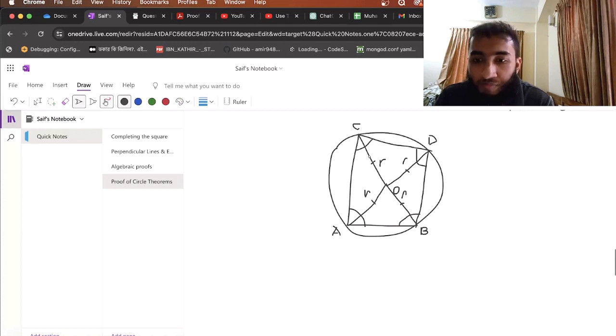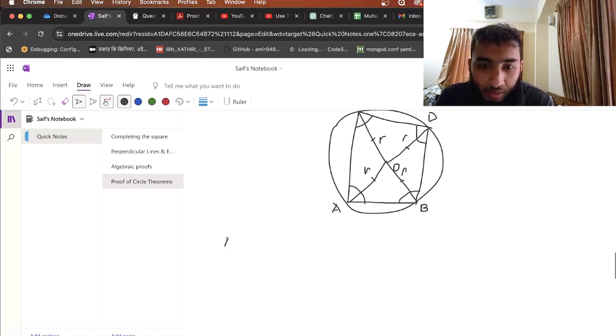So within the context of triangle ACO, because these two sides are equal, they are radii, the opposite angles, this angle and this angle, are equal.